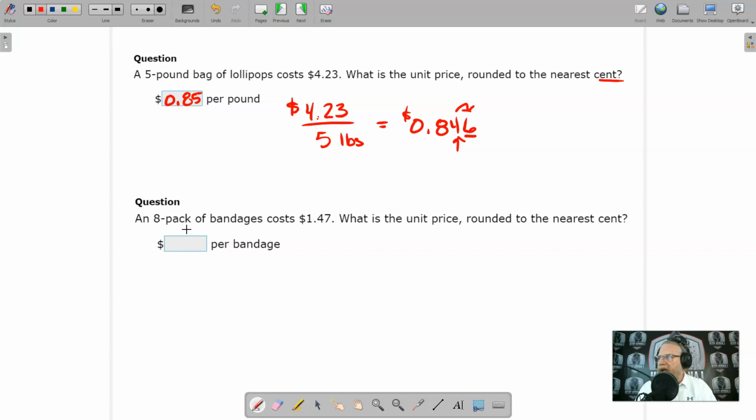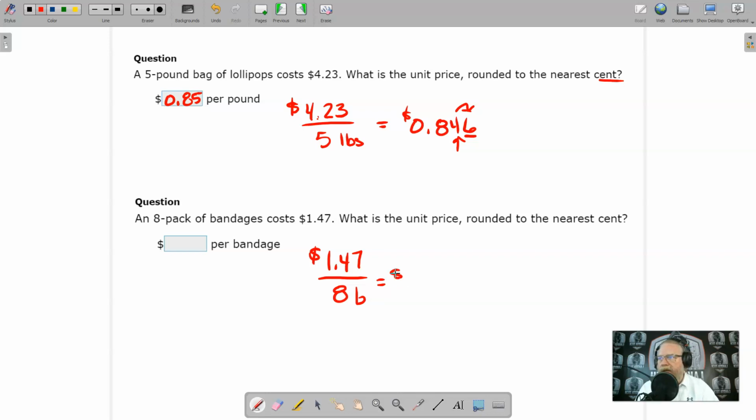Next question, an 8-pack of bandages costs $1.47. What is the unit price? Round it to the nearest cent. So let's do $1.47, and that is for 8. We'll do B for bandages. Now let's divide 1.47 by 8. 8 bandages involved there.